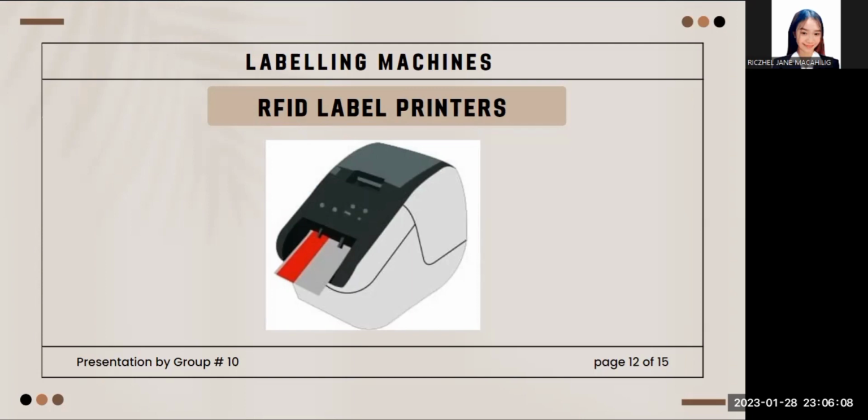Then after that, the RFID label printer will print the label showing the additional text and graphics na related doon sa product na yun. So yung RFID label printers are available in industrial, desktop, at mga mobile models with different configuration to cater to various labeling applications. Next slide po.